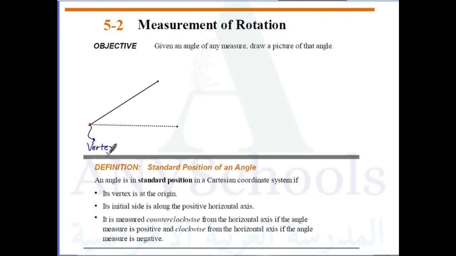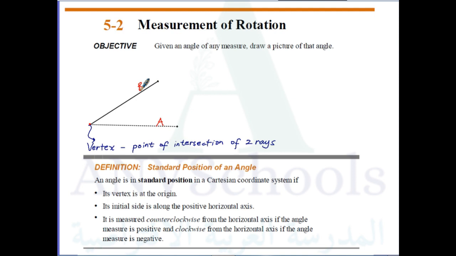And this vertex is the point of intersection of your two rays. Okay? And what are those rays? Let's call the first ray A. So this is ray 1 or ray A. This is ray B. And what is a ray?